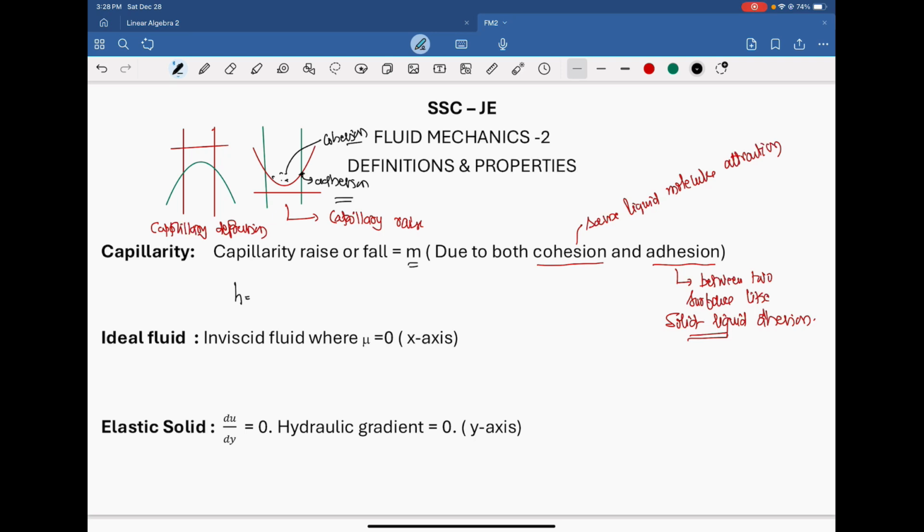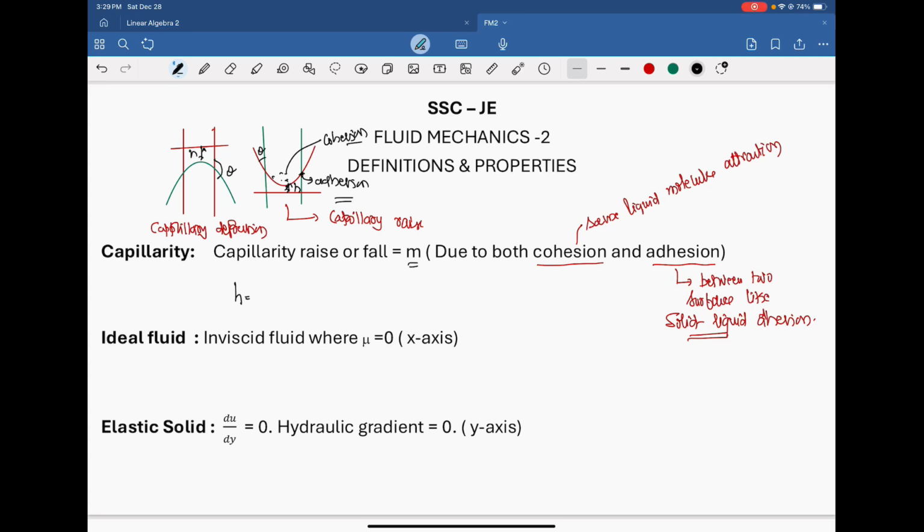H is equal to, this is H, this is H, and this is theta, and this is theta.